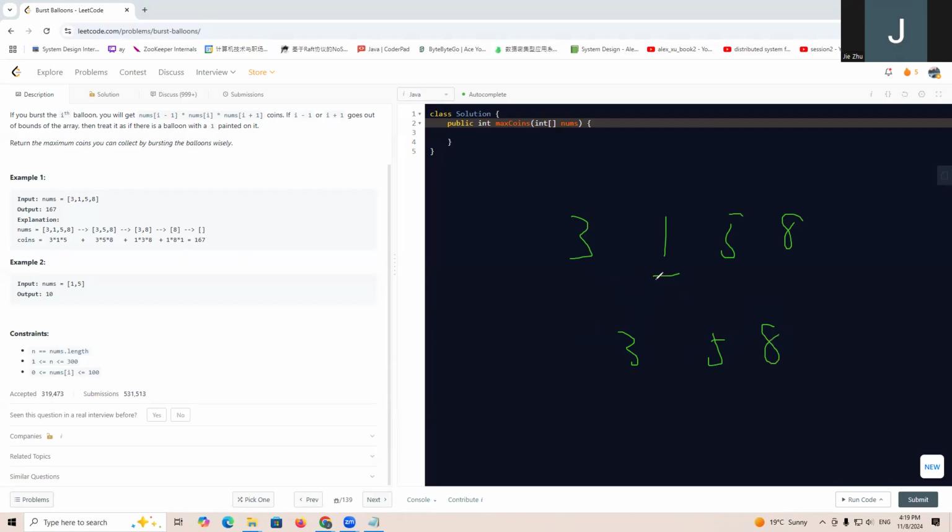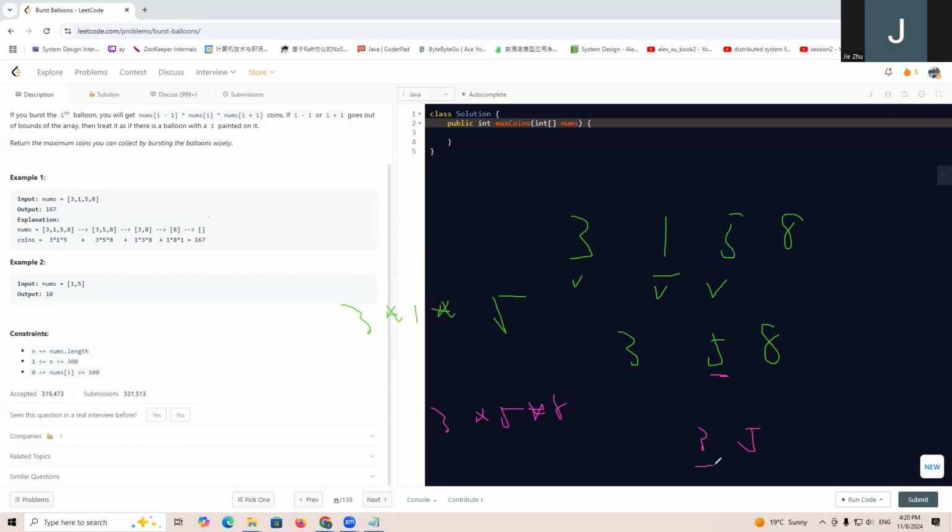And we'll collect coins as 3 multiplied by 1 by 5, which will be this one. And in the next round the way we burst is to burst this. So we'll get 3, 5, and we'll add the coins as 3 multiplied by 5 multiplied by 8, right?